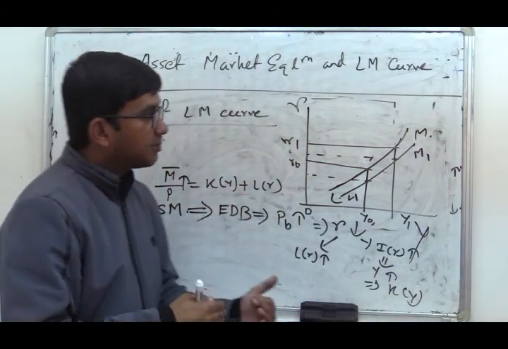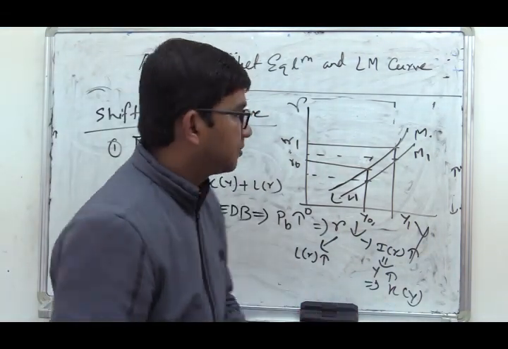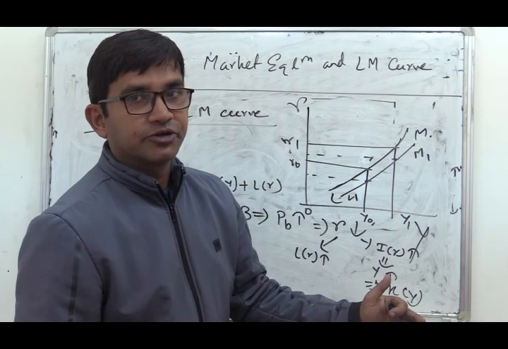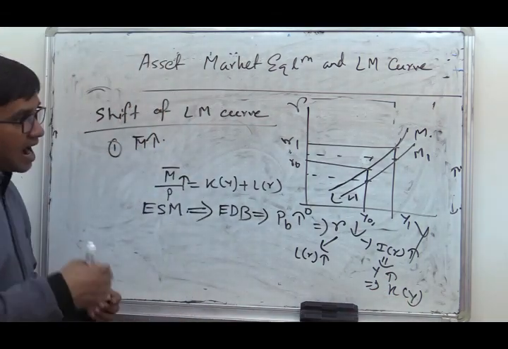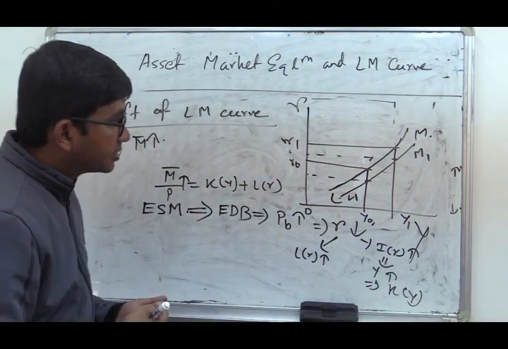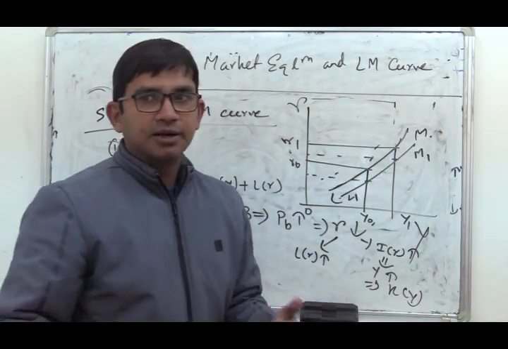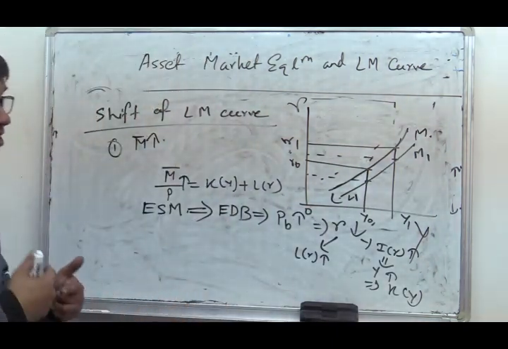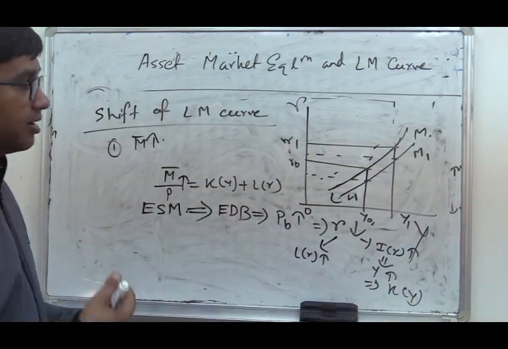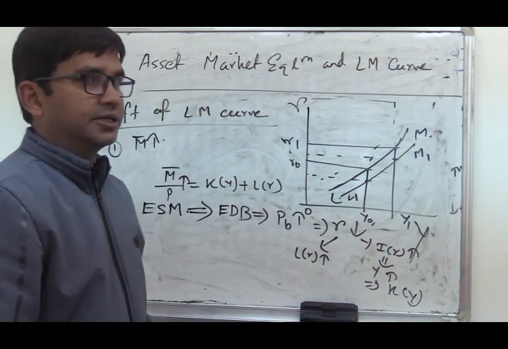So whenever nominal money supply rises, the LM curve will shift rightward. And vice versa, if there is any decrease in money supply in the economy, the LM curve will shift leftward. That means at each level of aggregate demand, there will be a higher rate of interest.